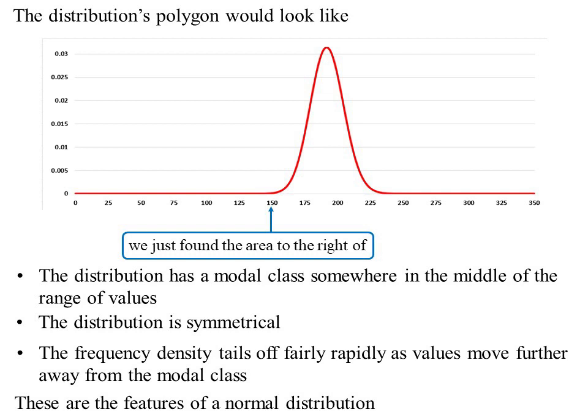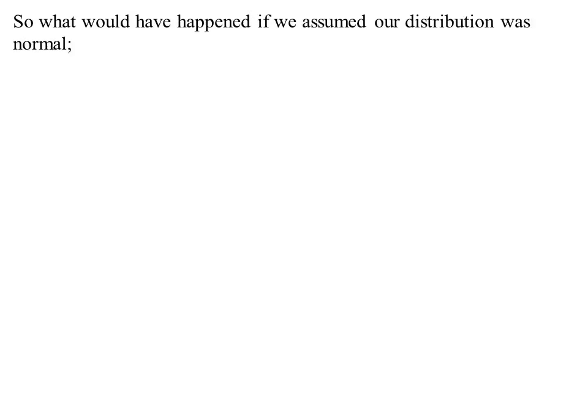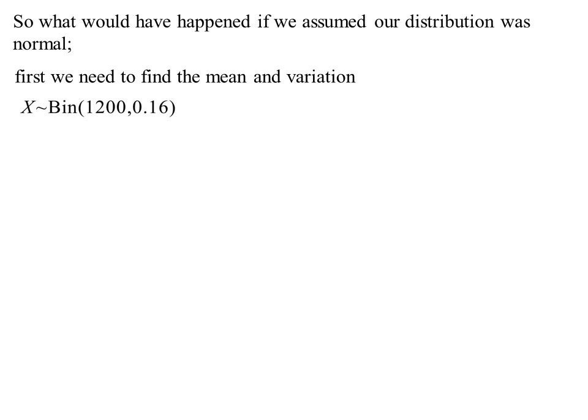So if we assume the distribution was normal rather than our binomial distribution, we've now got to work out what the mean and the variance is if it was in fact a normal distribution. We know it's binomially distributed with a population size of 1,200, and we've worked out our probability of left-handedness is 0.16.